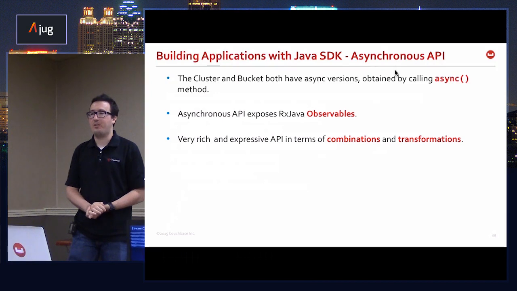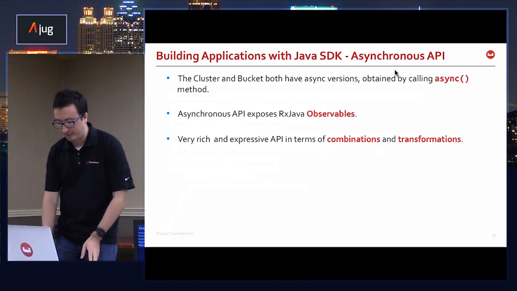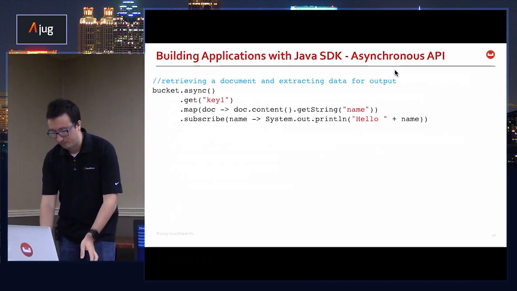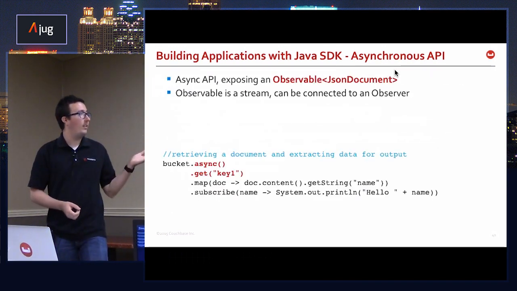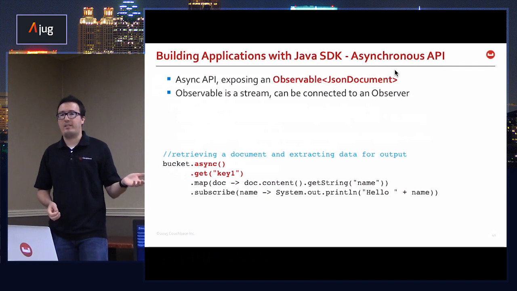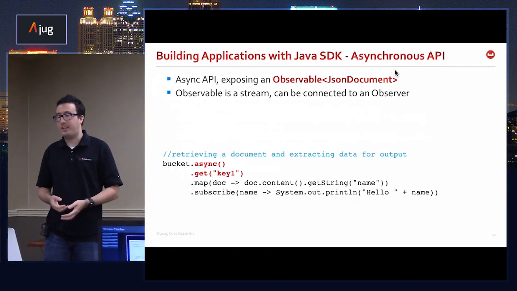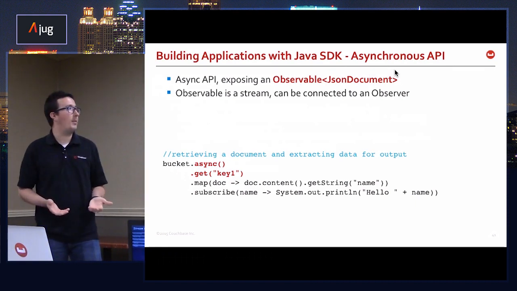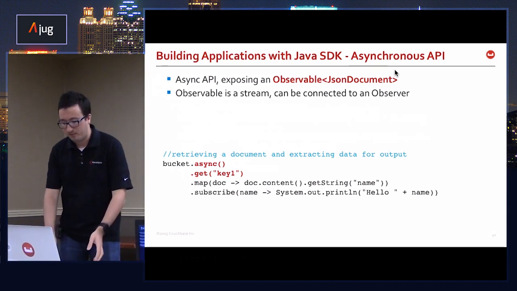You can do transformations, combinations, filtering, various cool things like that. So for example, here we have an RxJava call. The first thing that we're doing is we're calling async, and we're getting a particular document based on its key. This document is going to have a key called key1. By default, it's going to return an observable of type JSON document. And then observables are streams of data that you can monitor.